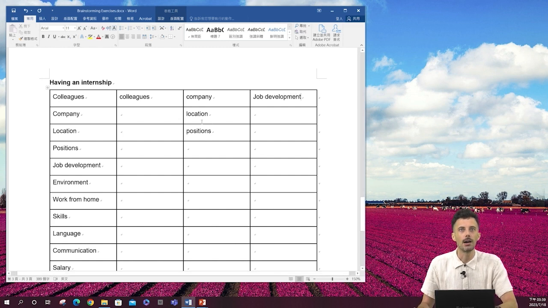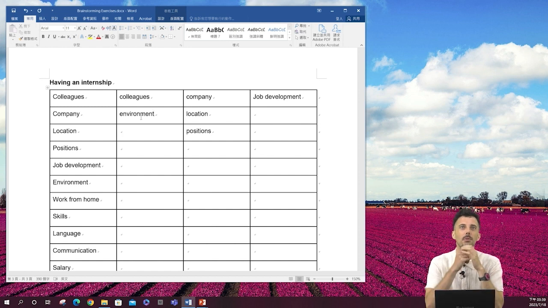Okay. Environment. Where would environment go? Colleagues, company, or job development? Okay. We'll put environment with colleagues. Work from home. Colleagues, company, job development.